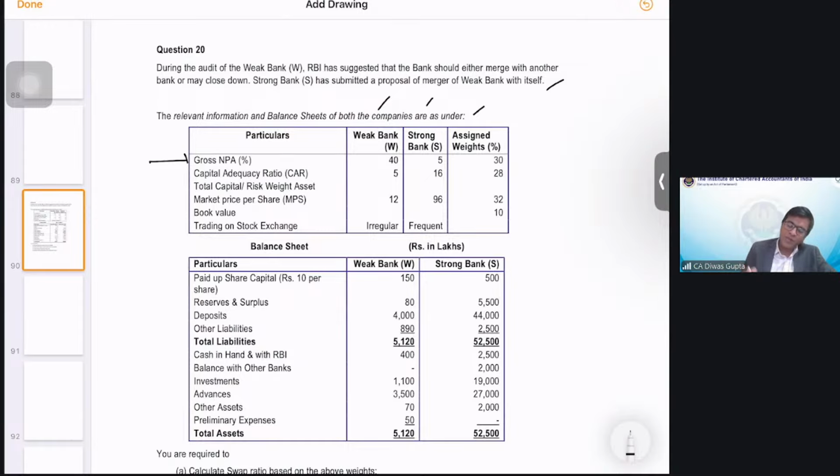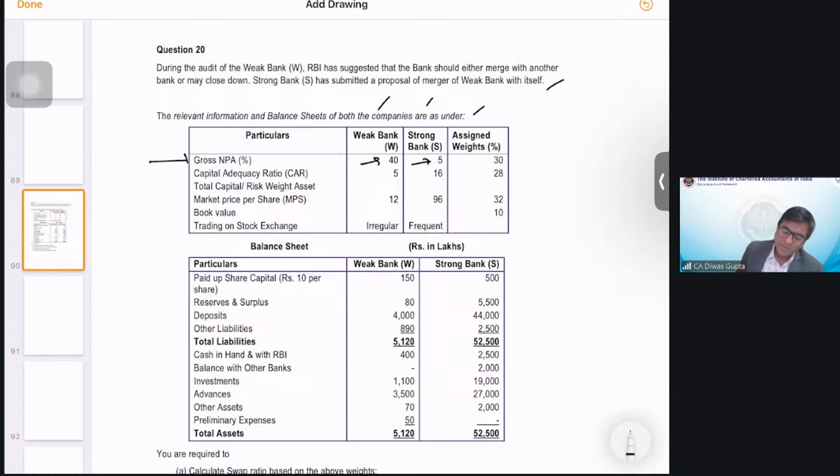The gross NPA is a negative KPI, a key performance indicator. The higher it is, the worse for the bank. Weak Bank has 40 percent of its loans and advances as NPAs, which is not a good indication, while Strong Bank has only 5.